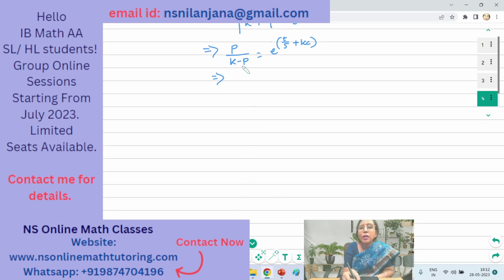When t equal to 0, we know p equal to 1200. So let us substitute that. 1200 over (k minus 1200) is equal to, t equal to 0, that means 0 over 5 is 0. So e to the power of kc is equal to 1200 over (k minus 1200).